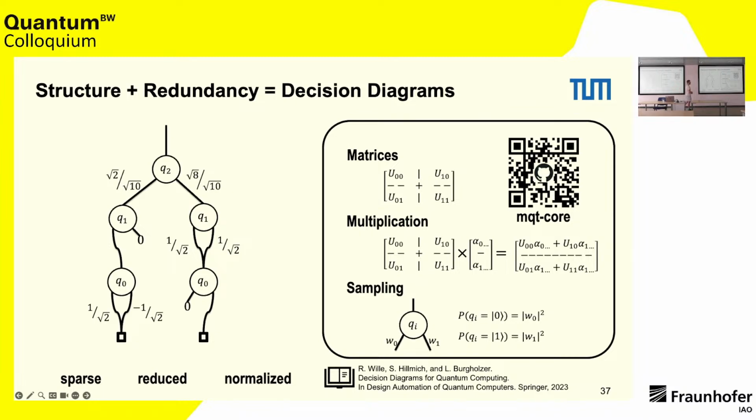Quite cool. You never need to go back from the decision diagram to the vector or to the matrix to perform these operations. If you just look at this recursive subdivision here, you can break the multiplication of a matrix and a vector into 1, 2, 3, 4 submultiplications and 2 additions.